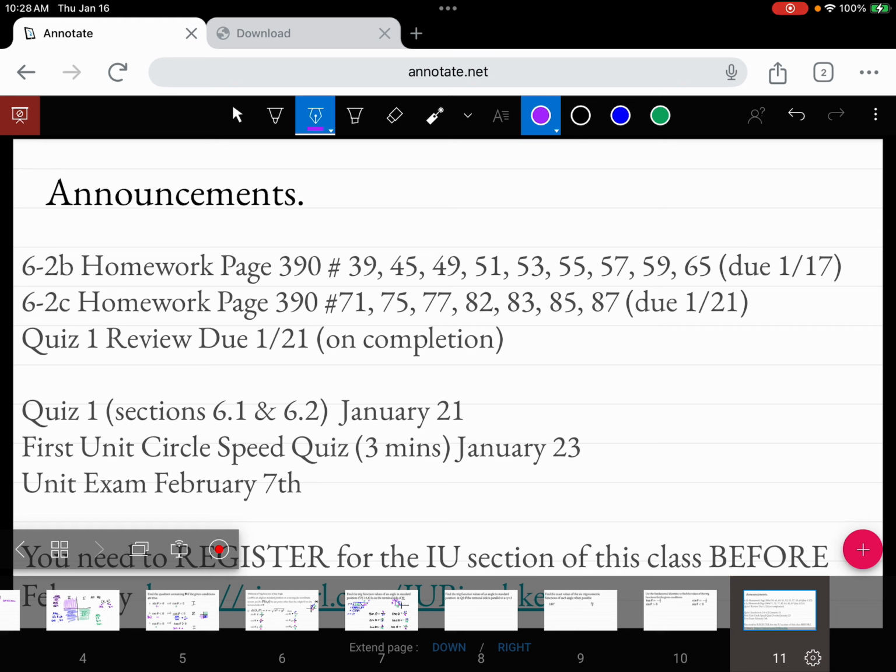Here's this stuff. Let me get these passed back to you guys. Tomorrow we'll be able to finish up 6-2C, and I'll show you a couple of unit circle filling-in technique options.